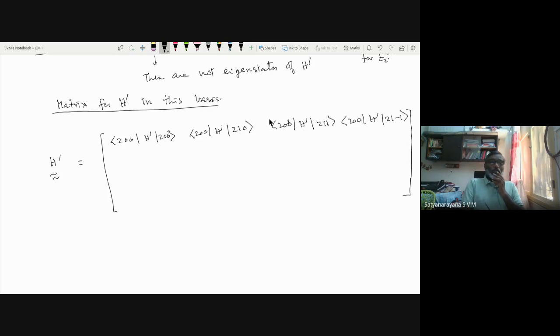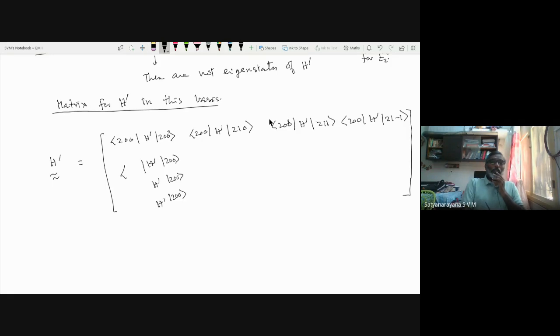Now in this row, the 200 on this side will remain the same.